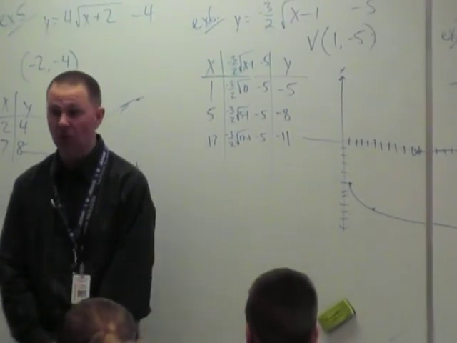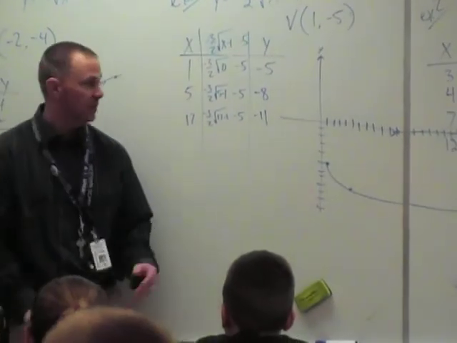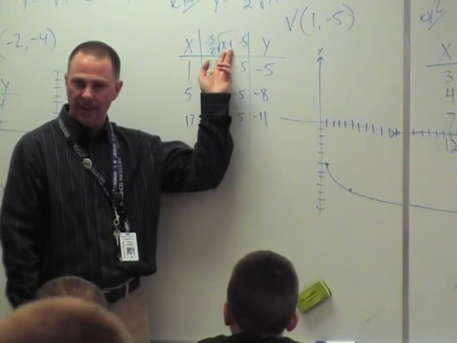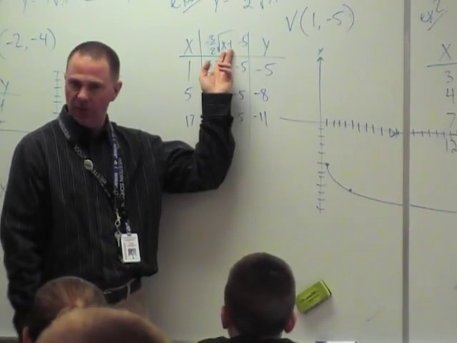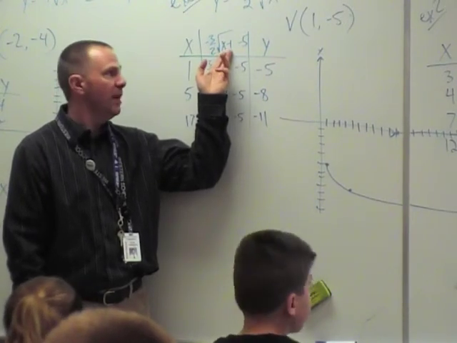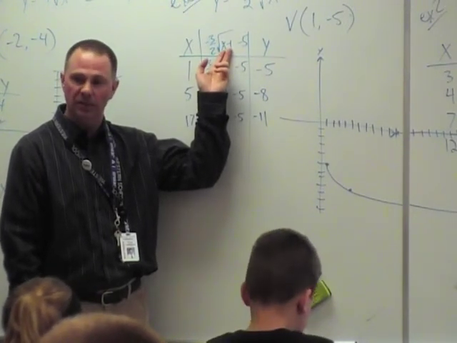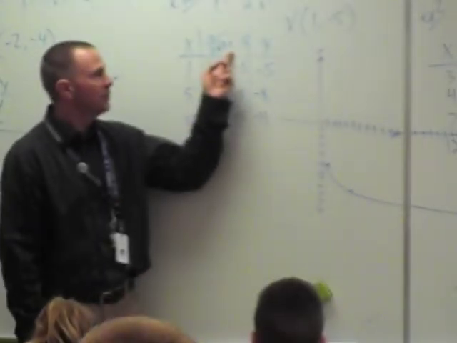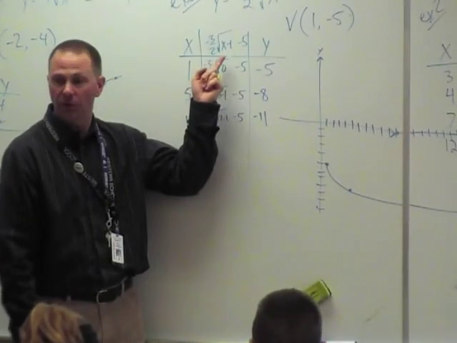My point is, what I said at the beginning is, the value under the radical, what makes that 0? Greater than or equal to 0, that's where you're starting. So that's 1. And then what value under the radical can you easily take the square root of? I can easily take the square root of 4. So what makes this 4? Well, if that's a 5, I'll get a 4.